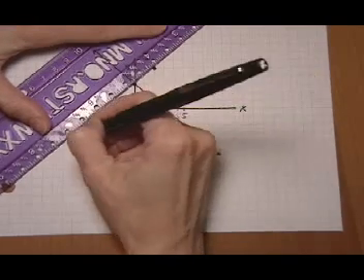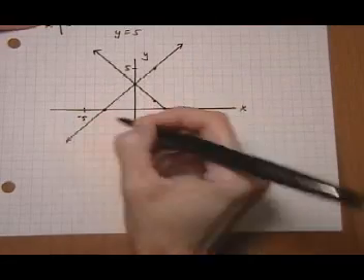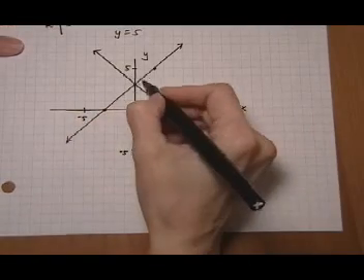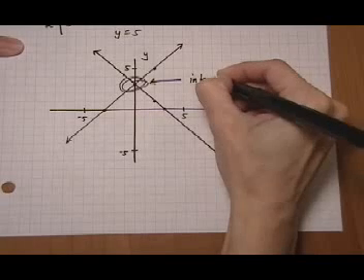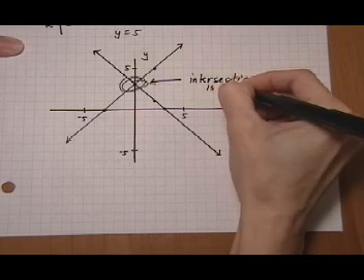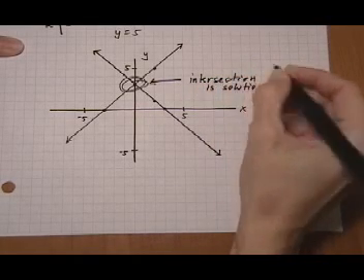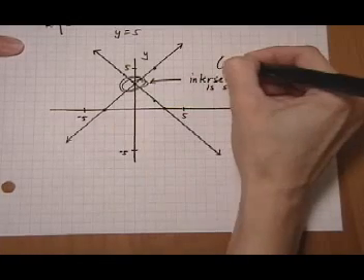Draw a line through the center of the 3 points. And now the intersection is the solution. The intersection point is 0 for x, 3 for y.